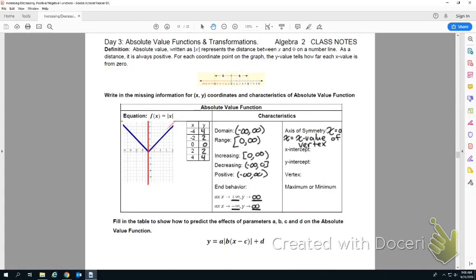All right, Helene, what would the vertex be on this graph? 0, 0. All right, your x and y intercept, it's going through the origin, so that's all three of those just happen to be the same thing. And Gavin, would this be considered a maximum or a minimum graph? Minimum.